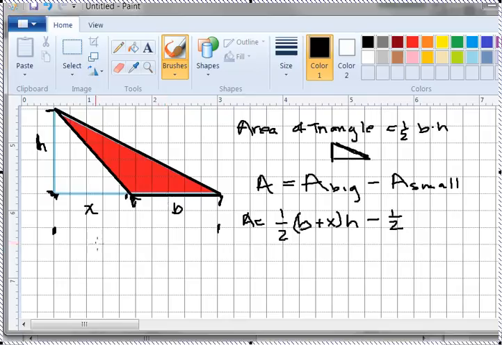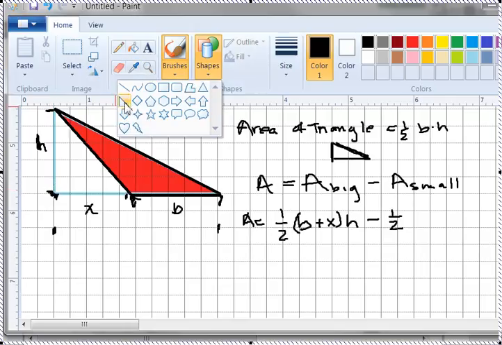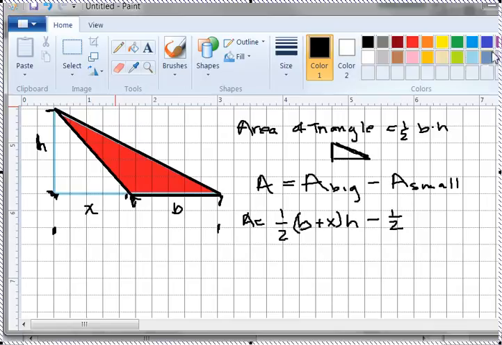X minus B, I think that you folks are thinking too hard about this. See this small triangle right here? I'm going to make it a different color. Let's make it purple. This small triangle right here, what's the base of that? Well, I think that the base of that is just X. Look at it, it's right there.